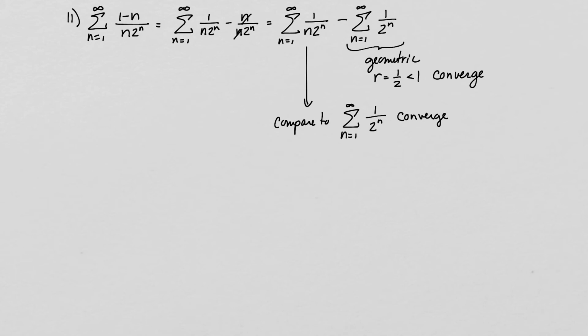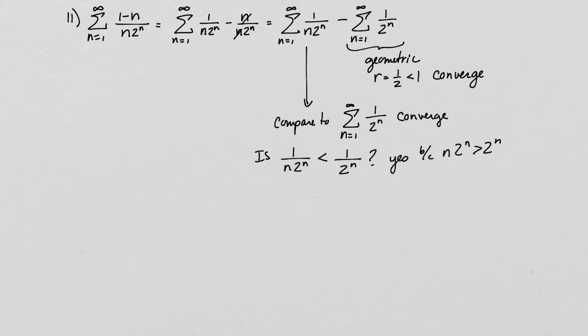So if I compare 1 over n 2 to the n, I want to know, is 1 over n 2 to the n smaller than 1 over 2 to the n? And the answer is yes, because n 2 to the n is bigger than 2 to the n. So this denominator is bigger, and 1 divided by something bigger is going to be something smaller.